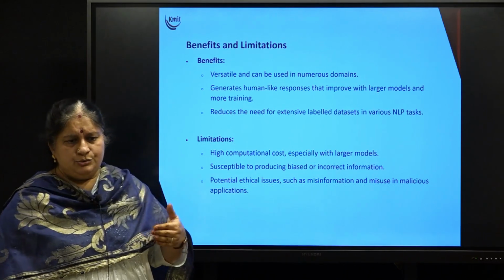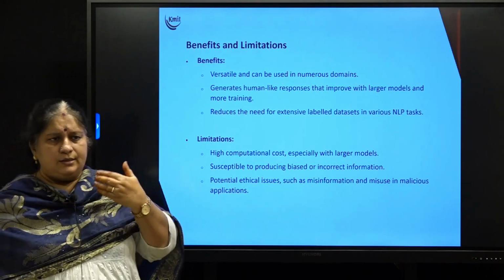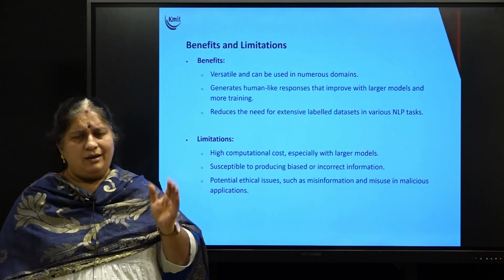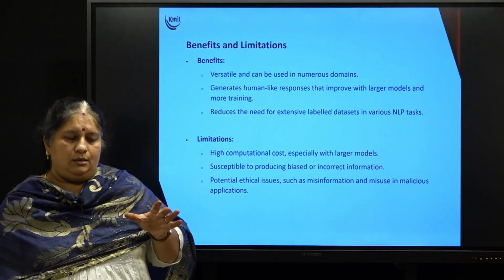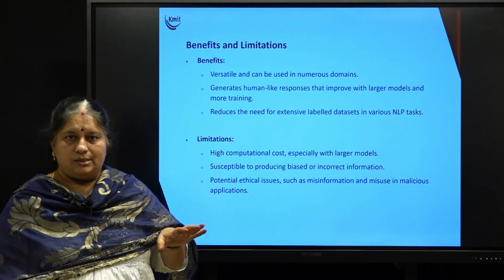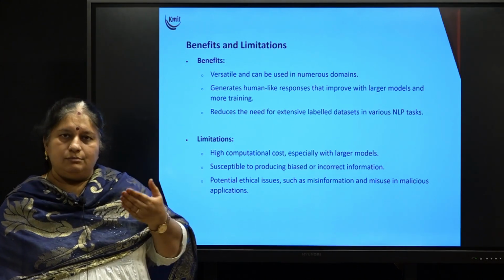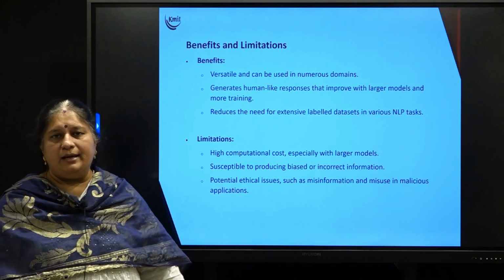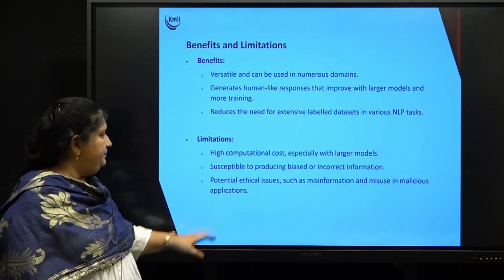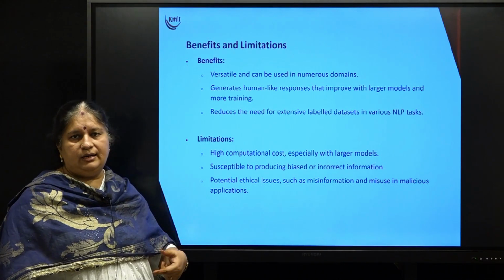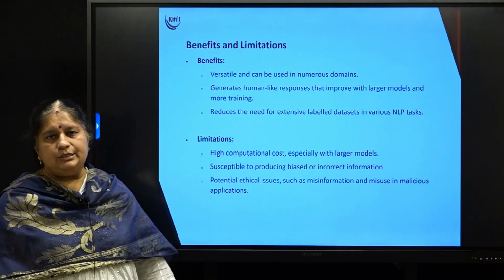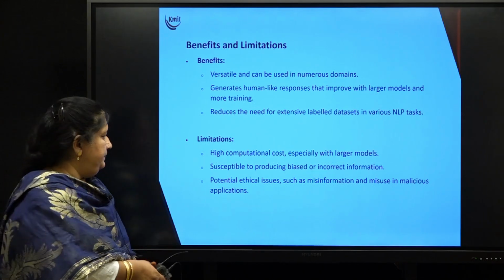When you are trying to keep on working with ChatGPT or any kind of social networking platform, after some point of time, you see the context is lost, right? So that is where you are trying to get some biased or incorrect information. And potential ethical issues: the moment you have biased or incorrect information, definitely ethical issues have to be addressed.